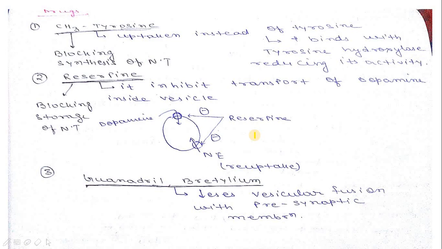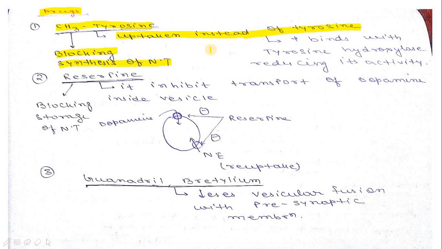So these were the introduction part of the pharmacology, the general neurophysiology of the pharmacology. Now we will discuss some drugs which will target the process of the synthesis and the secretion of the norepinephrine. So the first drug is methyl tyrosine. Okay, it is blocking the synthesis of the neurotransmitter, that is norepinephrine. Clear? Methyl tyrosine, like tyrosine, can go by the tyrosine transporter.